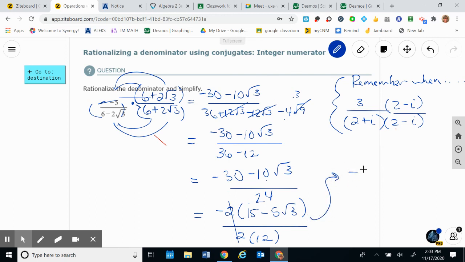negative 15. Plus. My bad. If I factor out a negative, I'm going to get plus. Either negative 15 plus 5 root 3 over 12, or most likely they would have left that negative in.